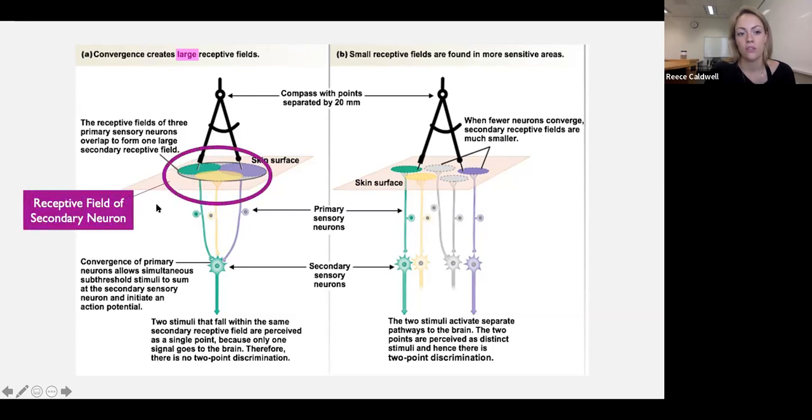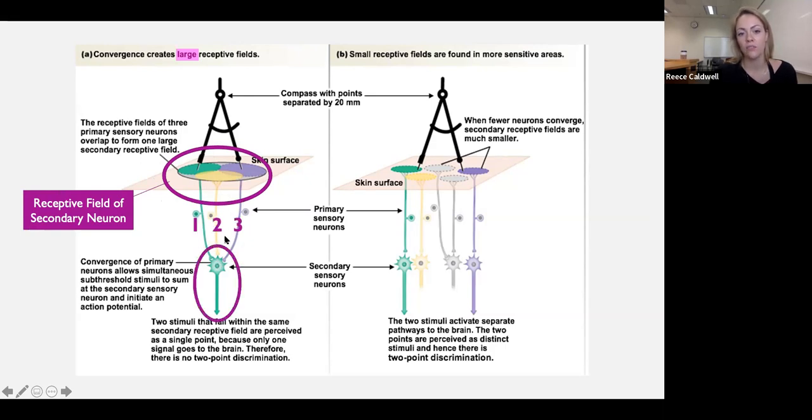So here is that receptive field of that secondary neuron. You can see we're being poked by a compass now, which has 2 points about 20 millimeters apart. However, as you can see here, even though we're being poked in 2 points, these neurons converge together, forming a large receptive field with that secondary neuron.